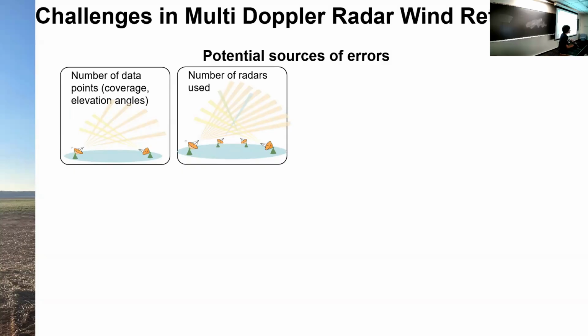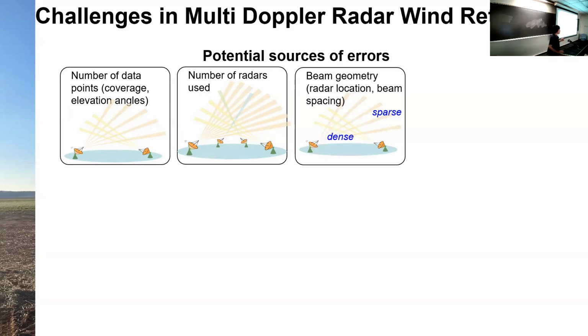More radars give more data, meaning more constraints and a better solution. But it's difficult to get more data. Beam geometry is another one. For example, close to the radar, we have more data for the radar sampling volume. Far away from the radar, the radar can cover more space, but the data are more sparse. This is also an uncertainty.